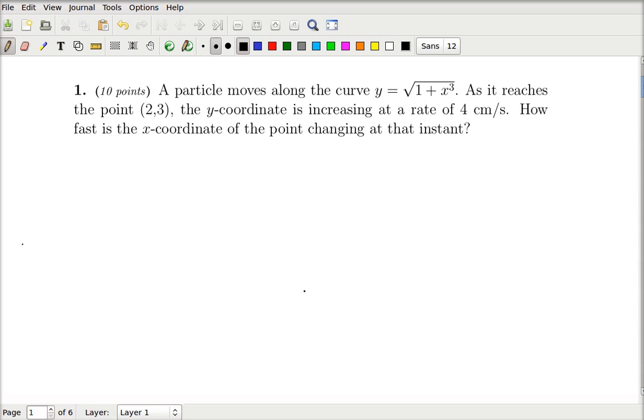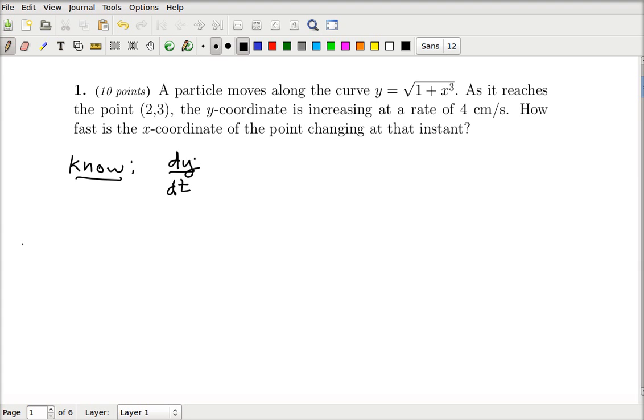Okay. So let's do that thing where we write down the things that we know and the things that we want to know. We already have the diagram, which is just the graph of the function. So, what do we know? We know that dy/dt, and what does this thing mean?